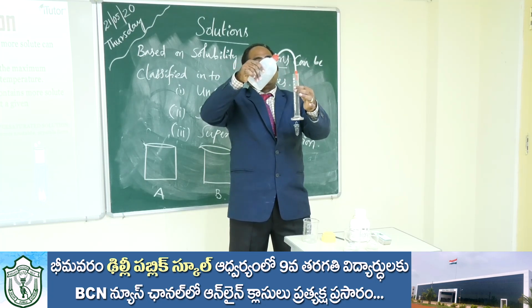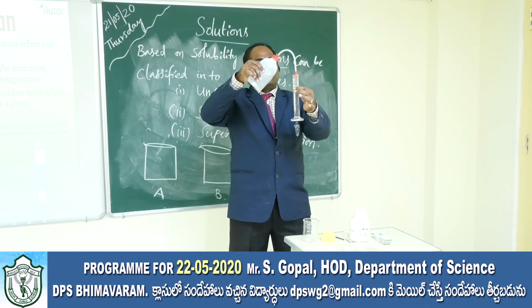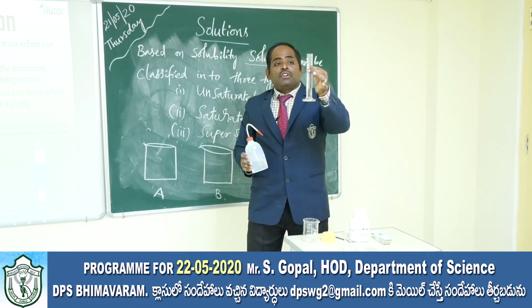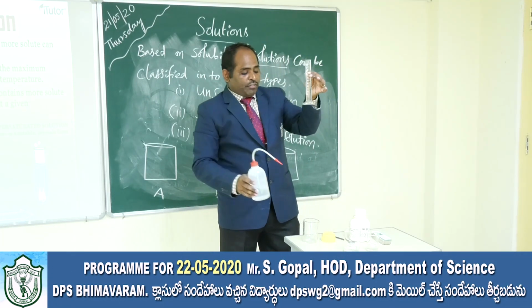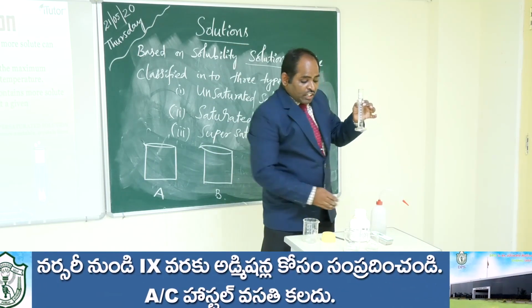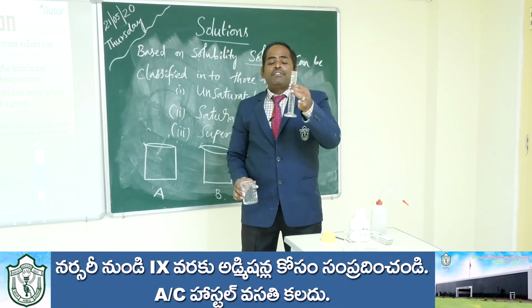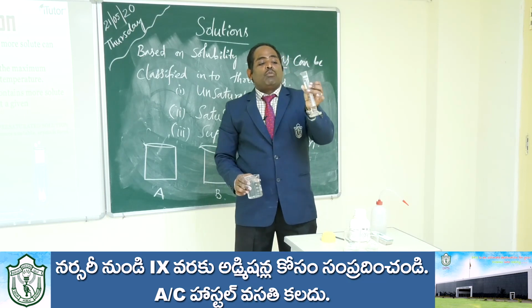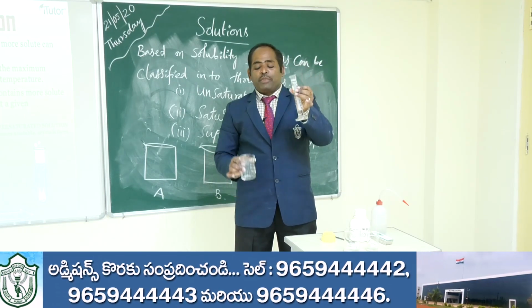There is a mark; you have to take the lower meniscus, because this is a colorless solution. If it is a colored solution, when measuring the liquid, we have to take the upper meniscus. Water is a colorless solution, so we take the lower meniscus.